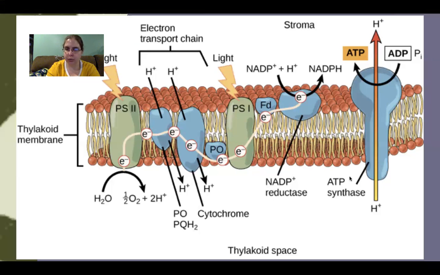It has a channel through it that allows the hydrogen ions to move from the inside of the thylakoid, where the concentration is greater, to the outside, where the concentration is less. As they get pulled through, it generates energy, and that energy is used to form ATP. Adenosine triphosphate is adenosine with 3 phosphates hanging on it.